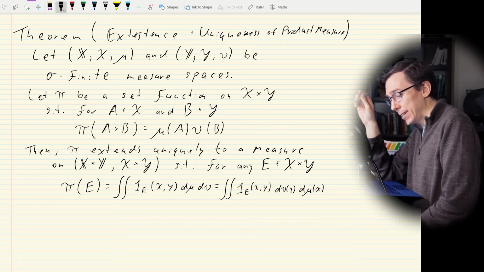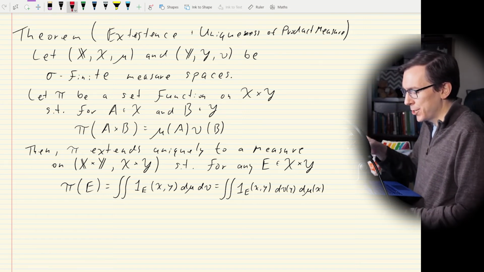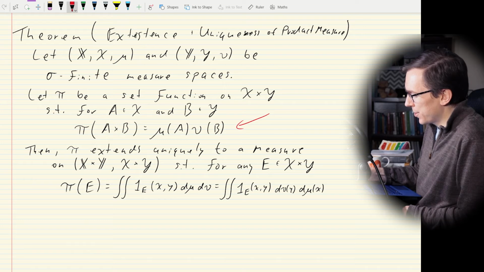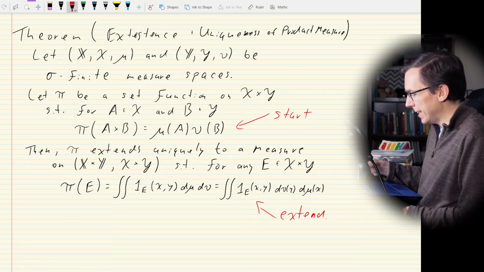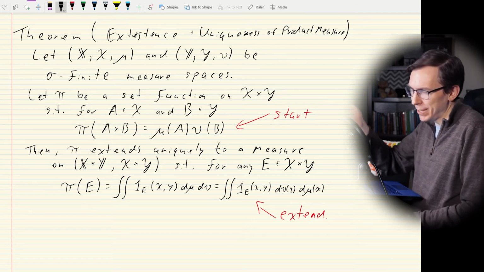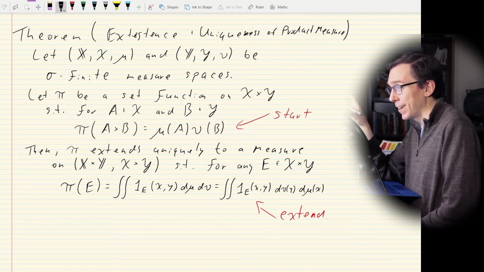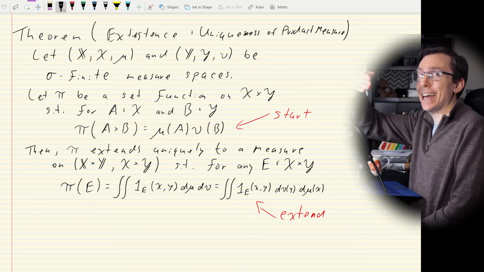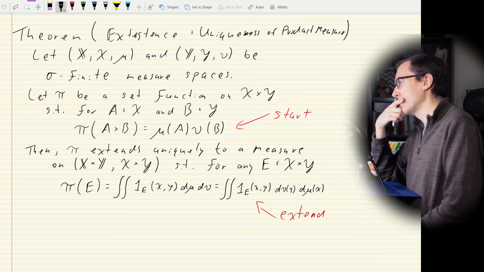Those two integrals are equal, and that's going to be how this measure extends. So remember, we're starting here, and we extend here, because it can be a little confusing. We're basically going to be using pi to be what it was originally, a set function, and show that it extends to a measure, and this is how we define that measure.